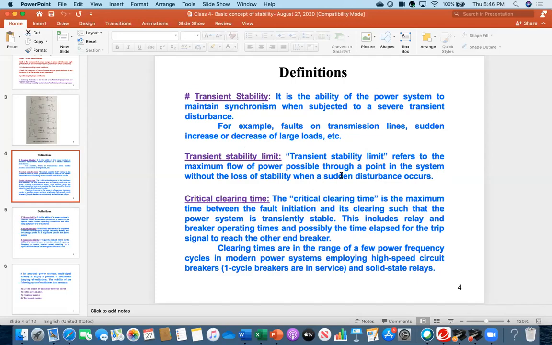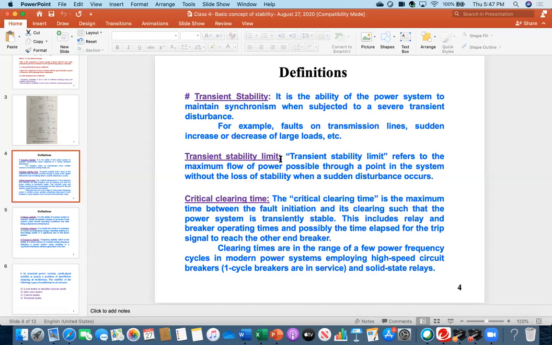This means that transient stability concerns a major disturbance, and under that disturbance, huge current flows in the network. Therefore at some portion of the network, power flow could be very high, could be maximum.